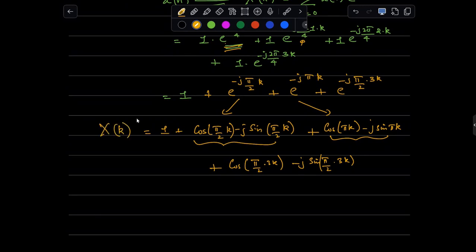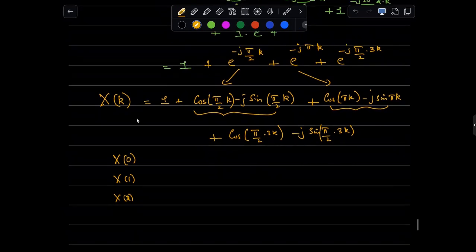Now you can find x of 0, x of 1, x of 2, then x of 3 by putting the value of k and doing the calculation. So in the equation, this will become 1 plus cosine of pi by 2. If you put k equal to 0, what will happen here?